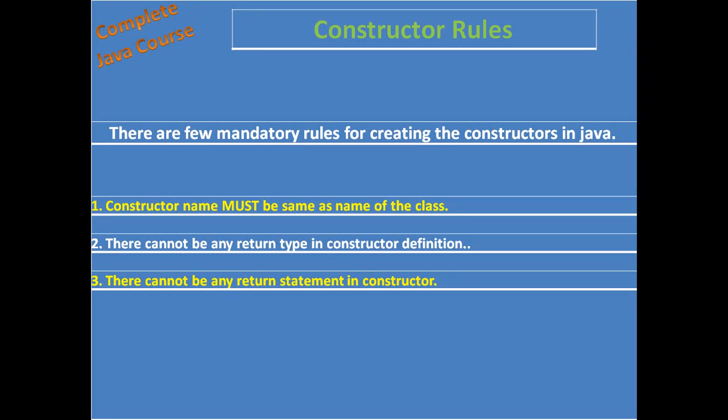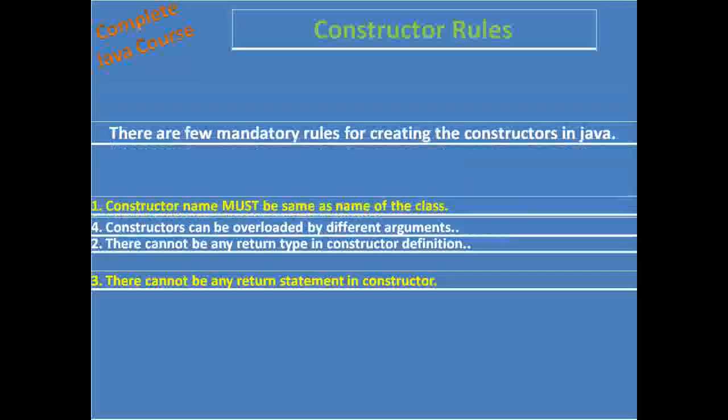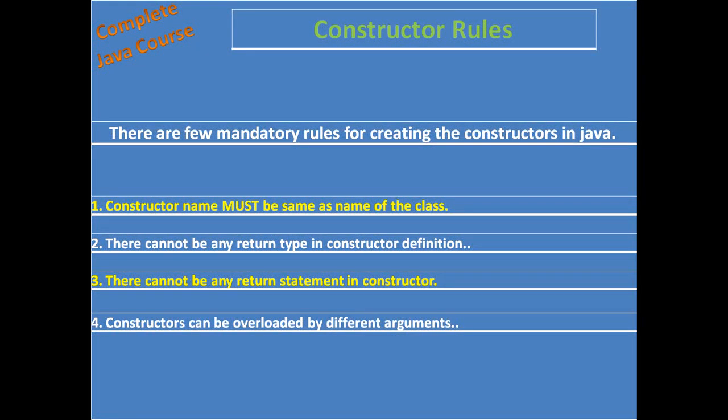Number 3: there cannot be any return statement in a constructor. Number 4: constructors can be overloaded by different arguments. You can create multiple constructors in a class. In the previous example, we created two constructors. One is the default constructor, another one is the parameterized constructor.